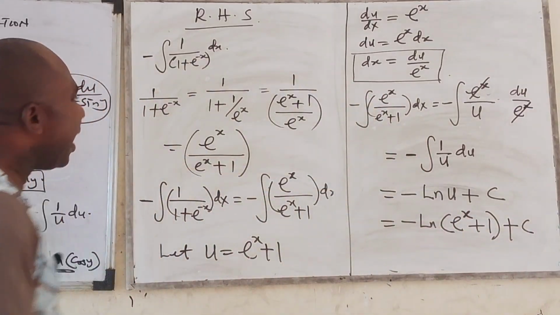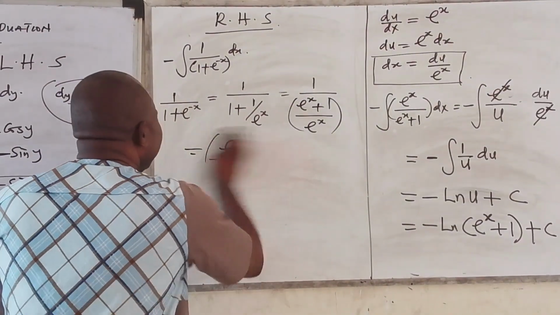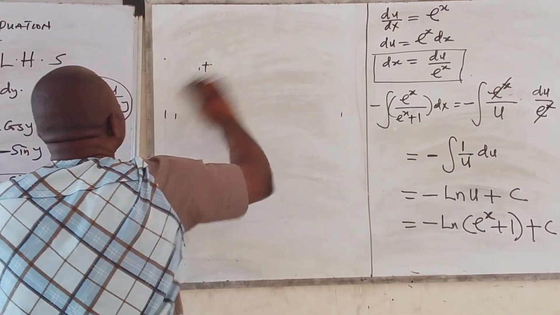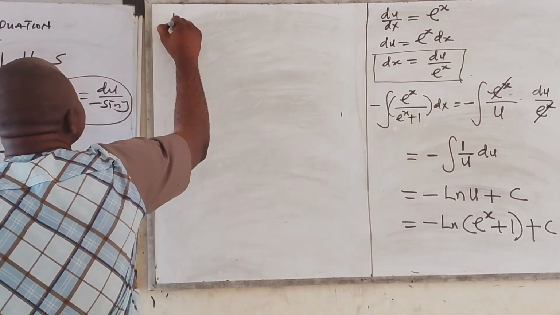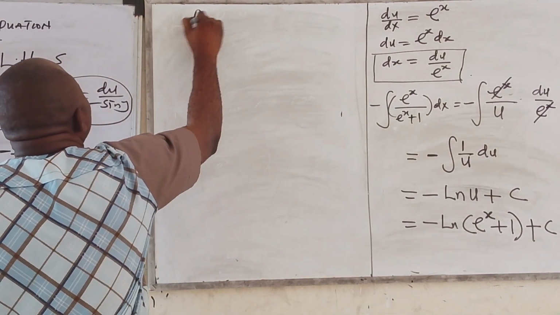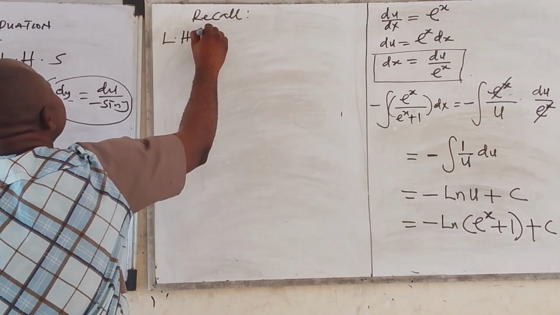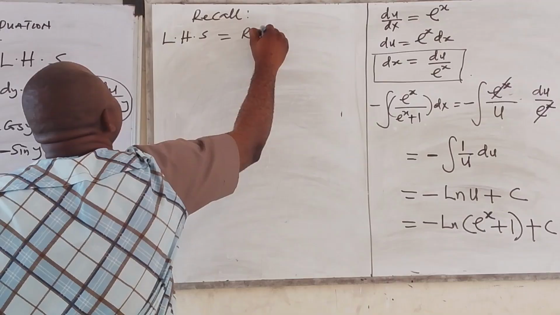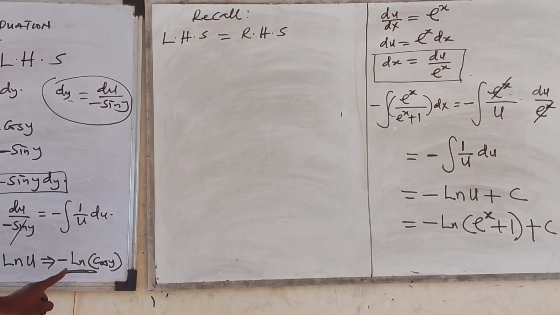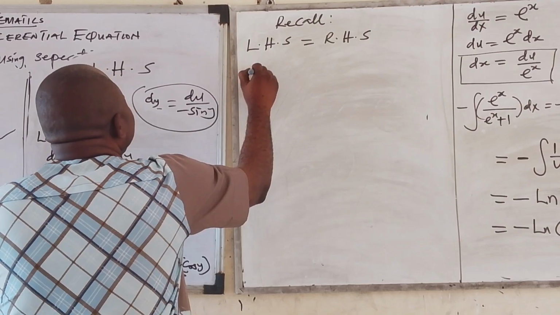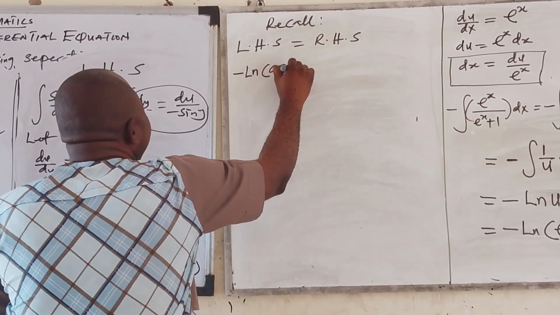Remember, left hand side is equal to right hand side. For the left hand side, we have minus ln cos y.